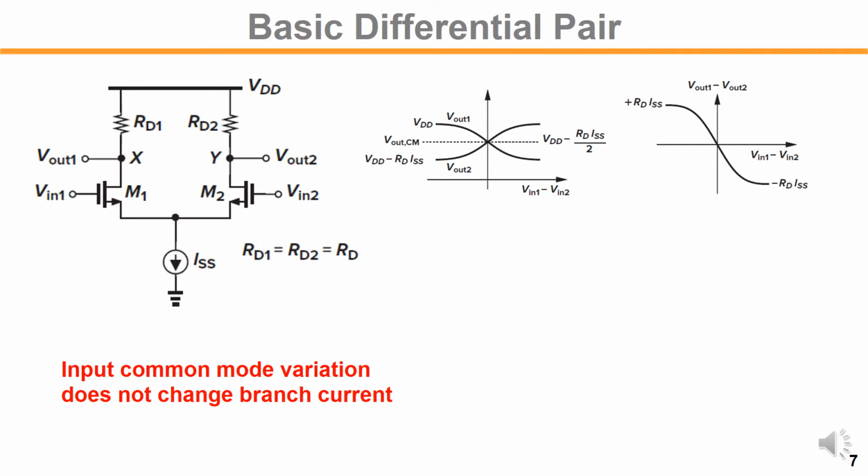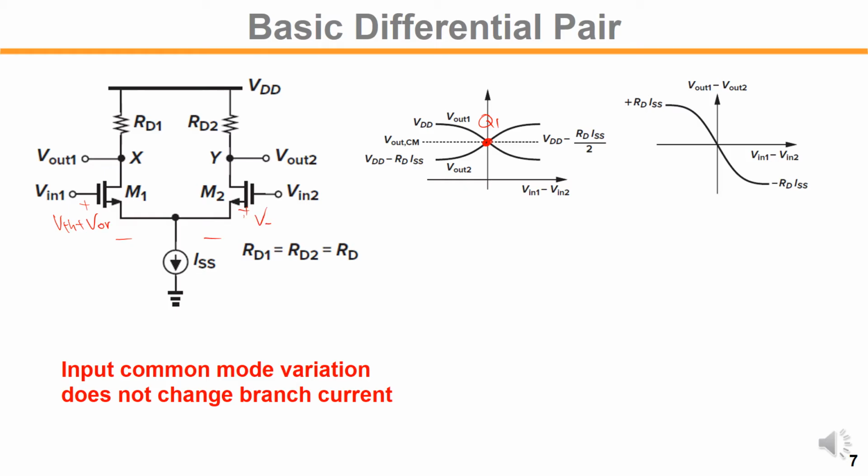Let's take a closer look at the biasing condition. For equal Vin1 and Vin2, at this Q point, current will flow equally on both branches. So the voltage across gate and source will be VTH plus overdrive, equally.